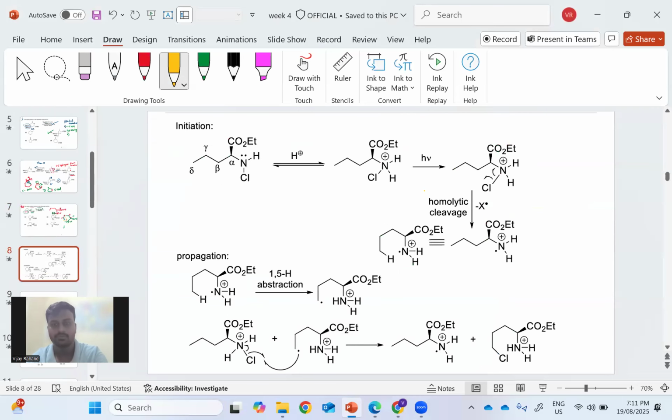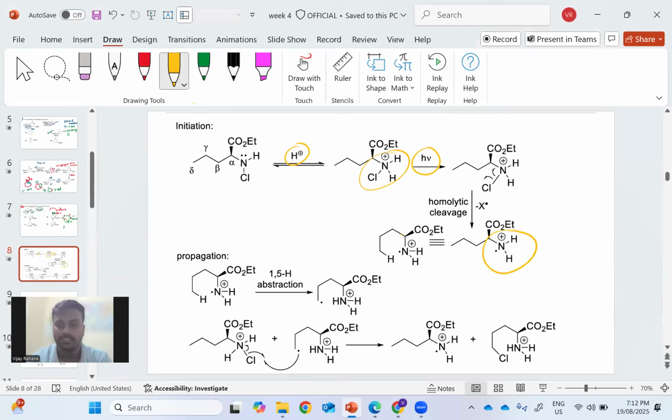So if I just expand this mechanism fully, this is just the elaborated mechanism. So in this case, what happened: in presence of proton, it forms such a cationic species. Then in presence of light, this bond shows the homolytic cleavage, and the radical is on the nitrogen atom.